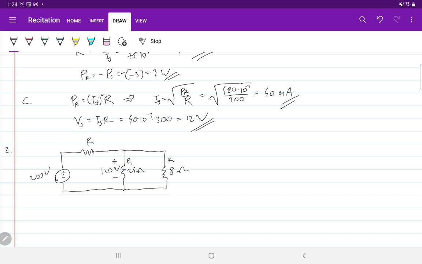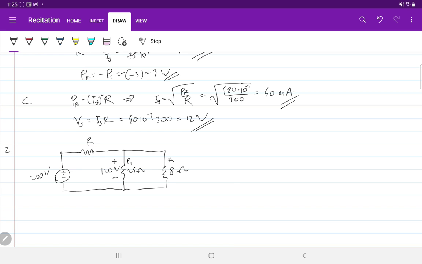and to find R, not only do we need to use Ohm's law, but we also need to use Kirchhoff's law. So either Kirchhoff's current law or voltage law, so KVL or KCL. We will actually be using both of them.